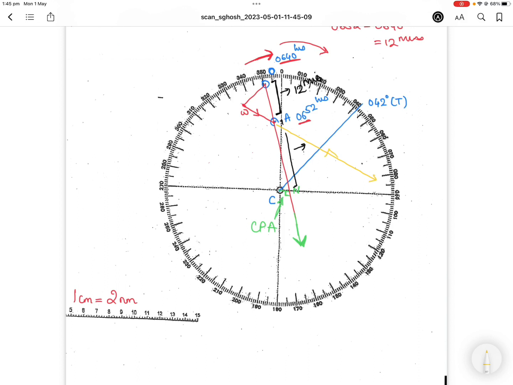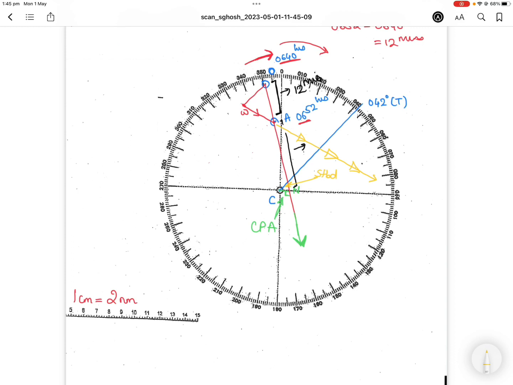Now if the target vessel is going this way, the center, the C, is lying on its starboard side. You are lying on the starboard side of the target vessel, on the movement WA. So the target vessel is going this way, and C is lying on the starboard side.